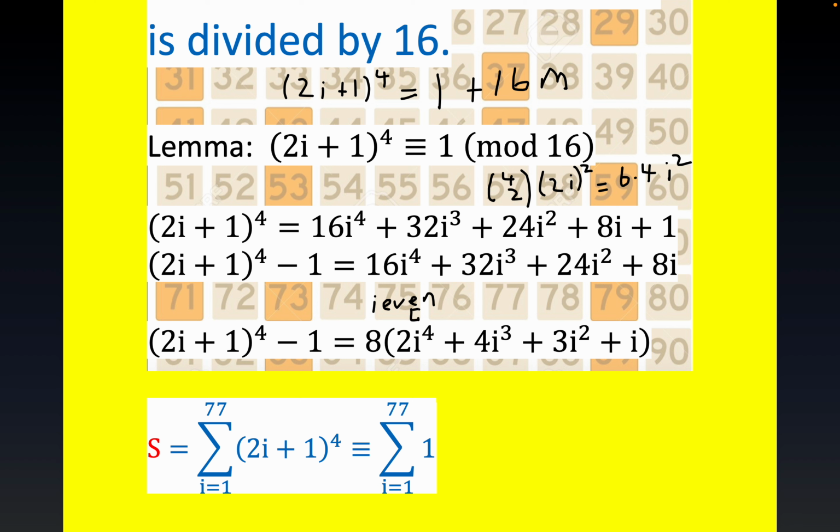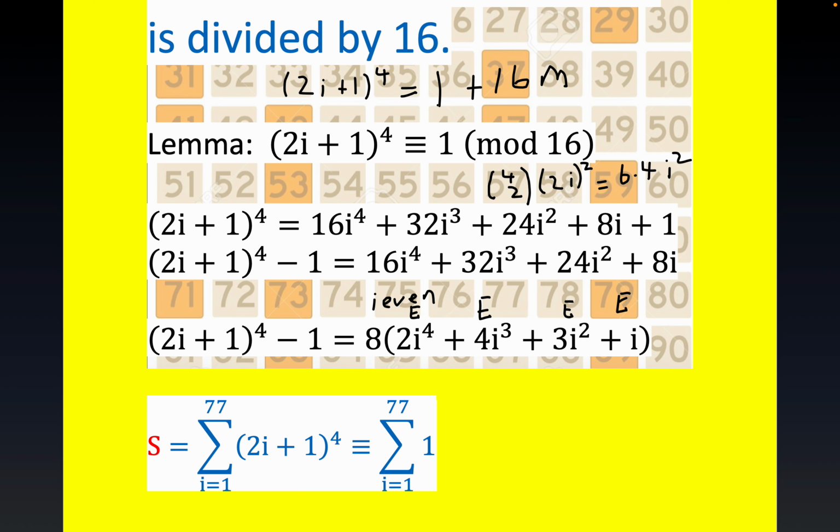Everything inside is going to be even. So that would give us what we want. That would give us this form, (2i plus 1) to the fourth is equal to 1 plus 16m, when you bring this 1 back to the other side.